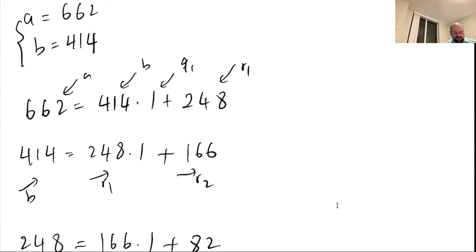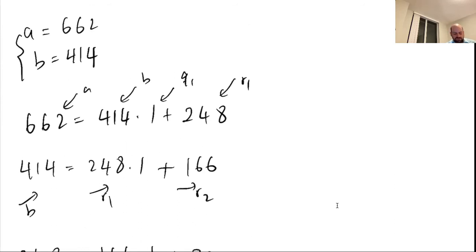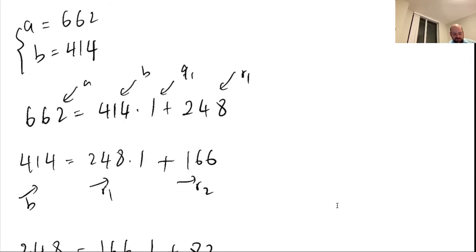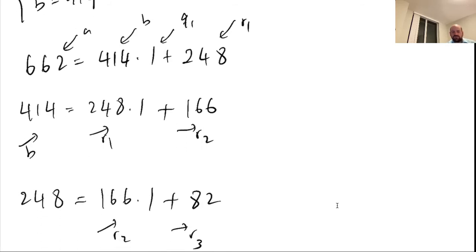I have two numbers, 662 and 414. They were big numbers. But once I do a long division, I reduce the original GCD to 414 and 248. Then I divide 414 by 248. I do the long division, reduce the numbers.